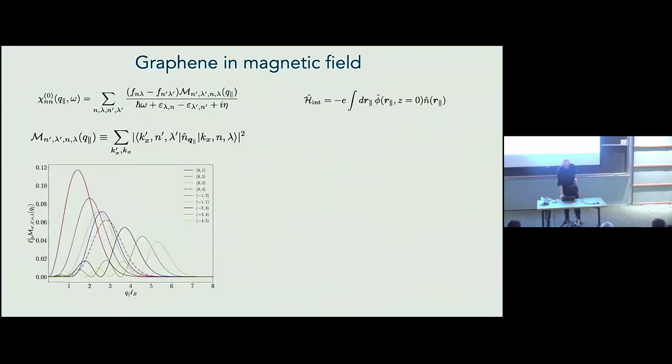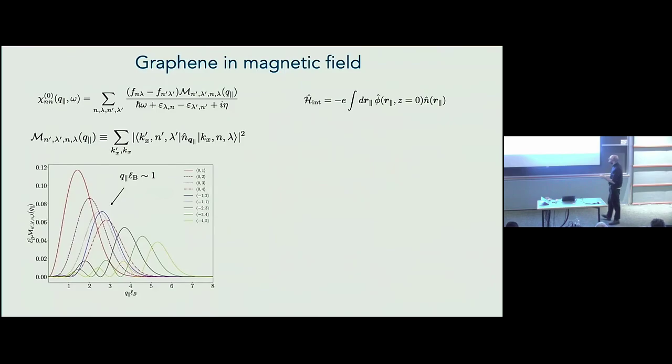And let me also say the last few things about graphene in a magnetic field. Since the interaction is like that, we compute the density-density response function, and this density-density response function depends on this matrix element related to the density operator that will be important later.